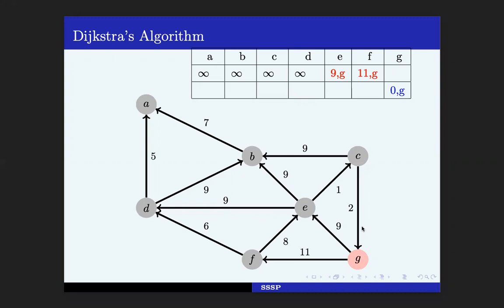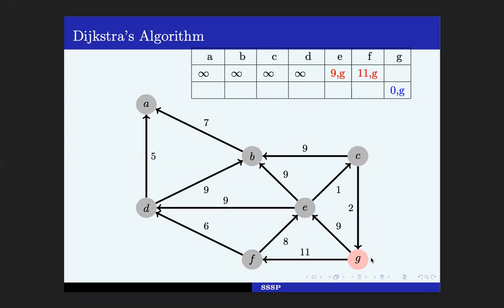Suppose there is a path. Yeah, you are right. You have understood that. Shantanu, I am telling that if there is a path from G to E which is less than 9, then I have to travel at first from G to some other vertex, and that weight must be less than 9.